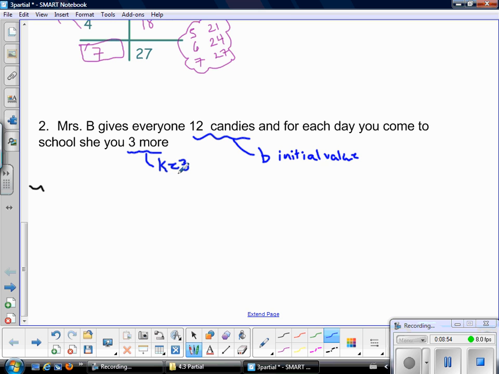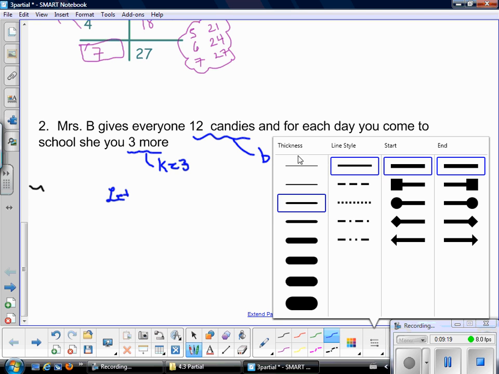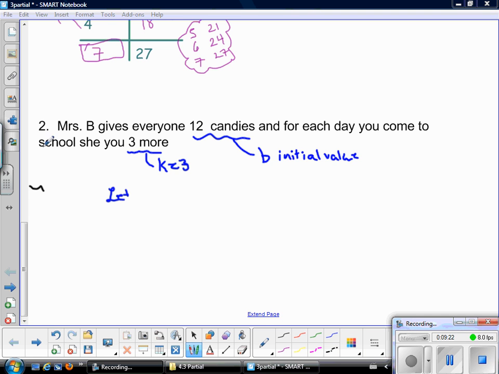Now, I need to define what my variables are. Let C be the total number of candies.